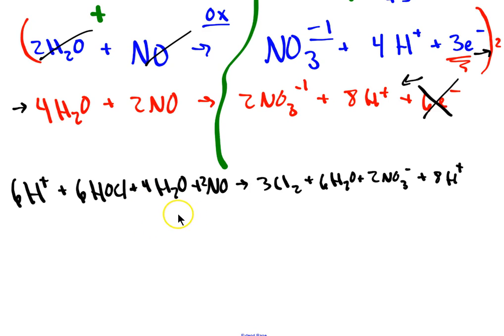All right. So typically the H pluses and the H2Os, they don't cancel out, but they reduce. You okay with that? If I have 6H plus on the left, but I have 8 on the right, in reality, I only have 2 on the right side. Are we okay with that idea? Okay, I'm going to cross those out now. Plus, the only other things that usually cancel out are your waters. I have 4 waters on the left and 6 waters on the right. So that really is 2H2O.